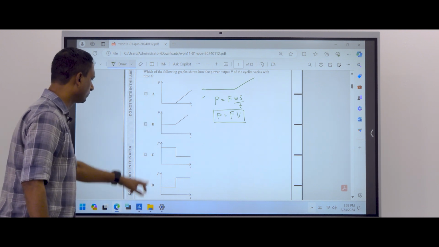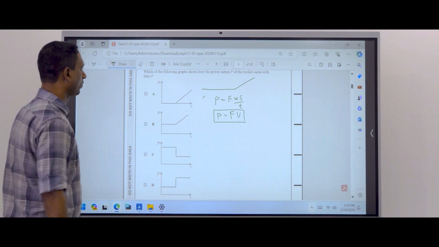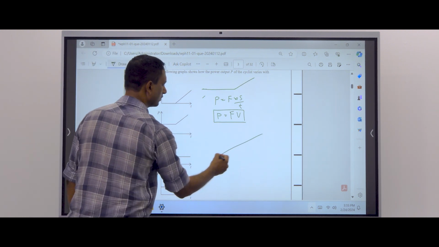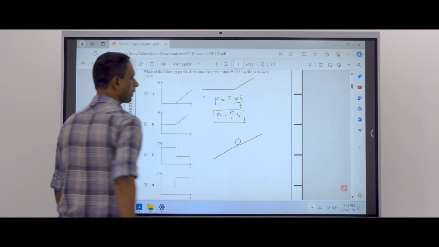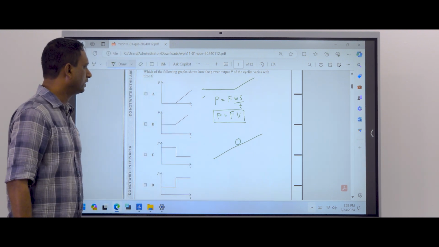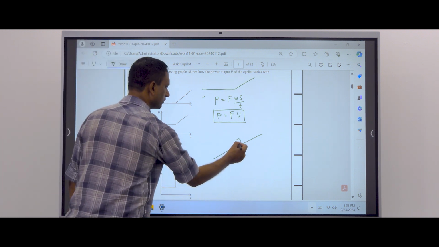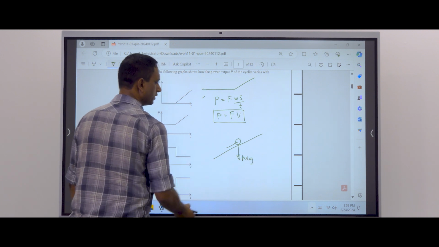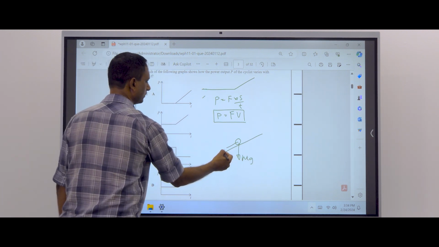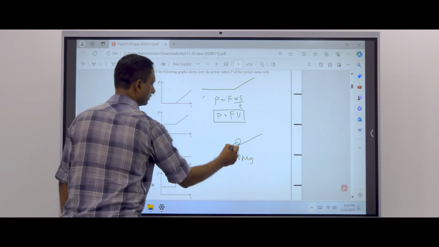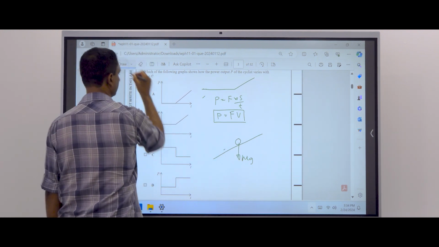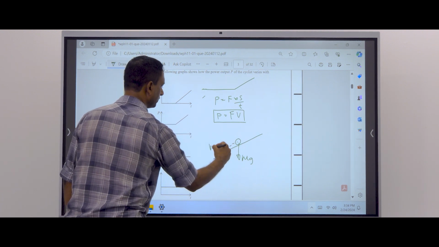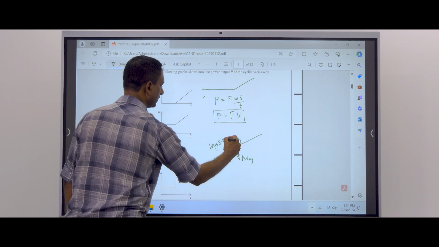Then we have to select from these three answers, and when it is going through the hill, in addition to friction, now we have mg is the downward force, the component of mg along the plane, mg sin theta.